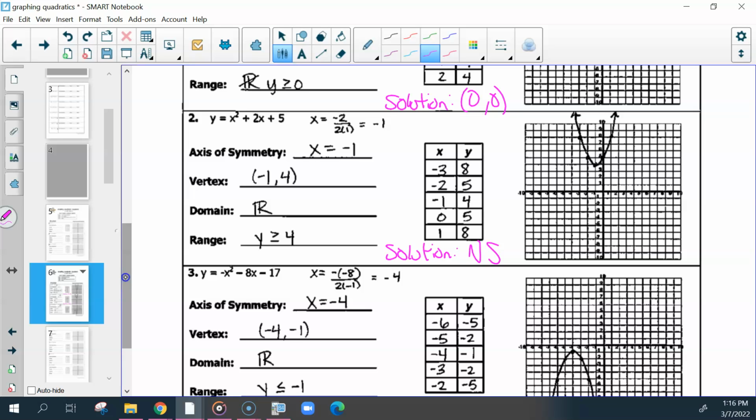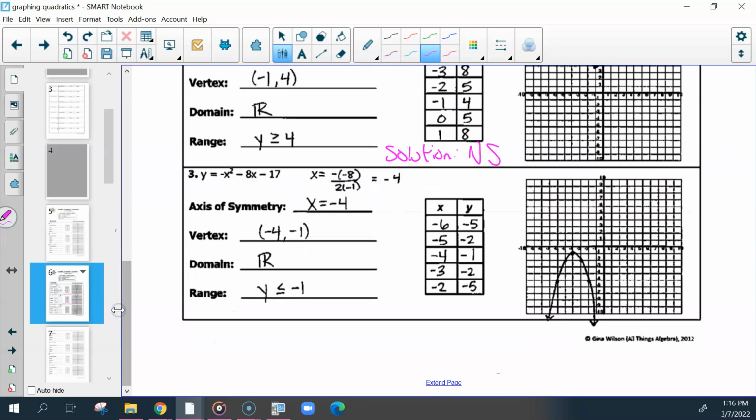Those of you moving on to that. Does number 3 cross the x-axis? No. So that would also be no solution. Before we do number 4, go grab your calculator if you don't have it.